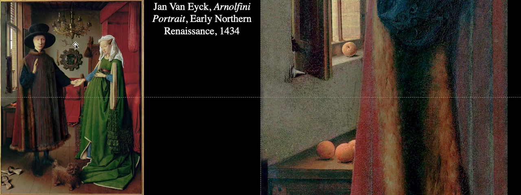This wasn't just bought, right? Giovanni didn't go to Jan van Eyck's painting studio and buy a painting that already existed. He went to him with a bucket load of cash and said, I want you to paint this for me. So that's the difference between buying a work of art and commissioning a work of art.